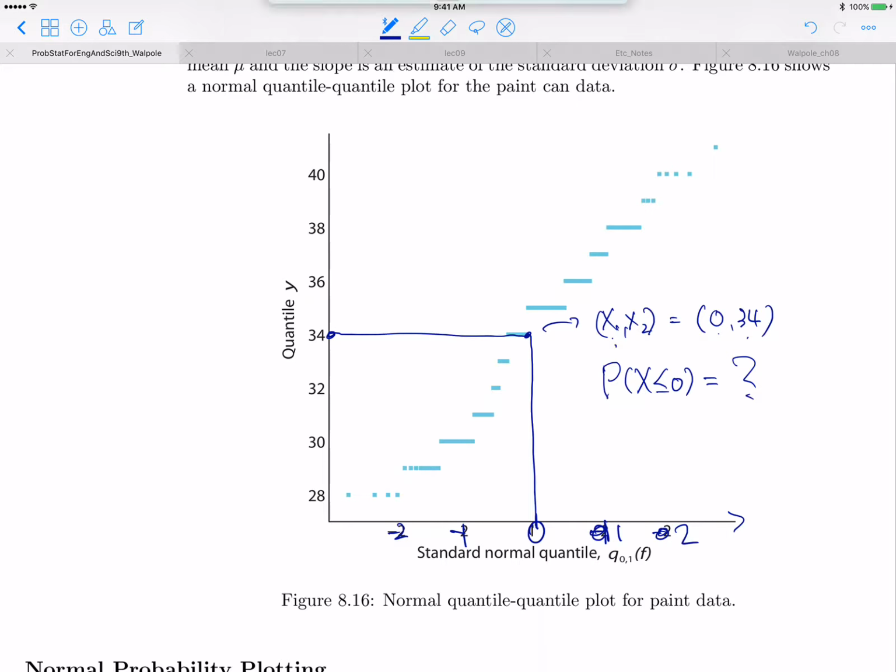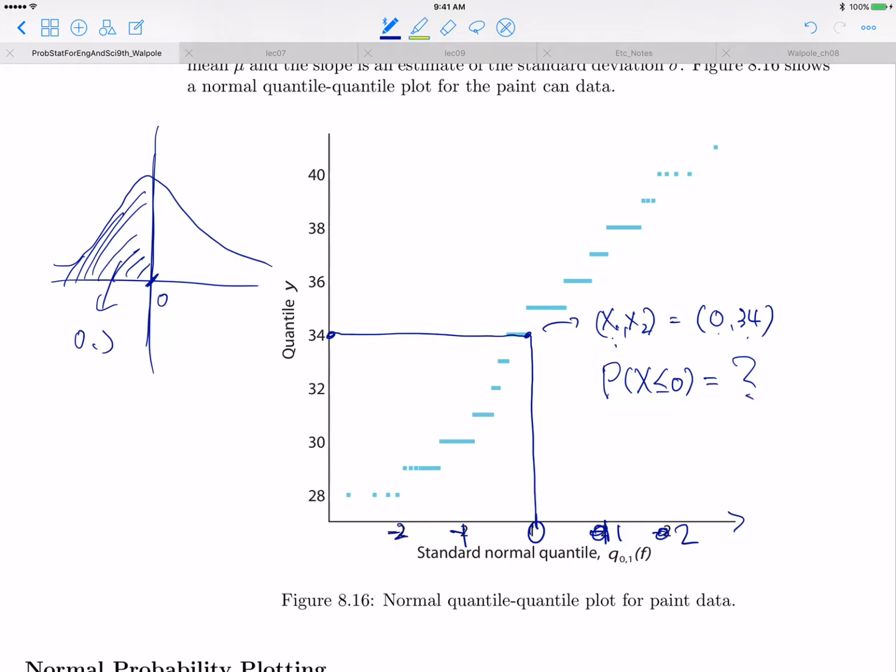I'm asking what is the probability, in terms of a cumulative distribution function, when x is 0 for the standard normal random variable. 0.5, right? Because when computing this cumulative value at x equal to 0, it should be 0.5.